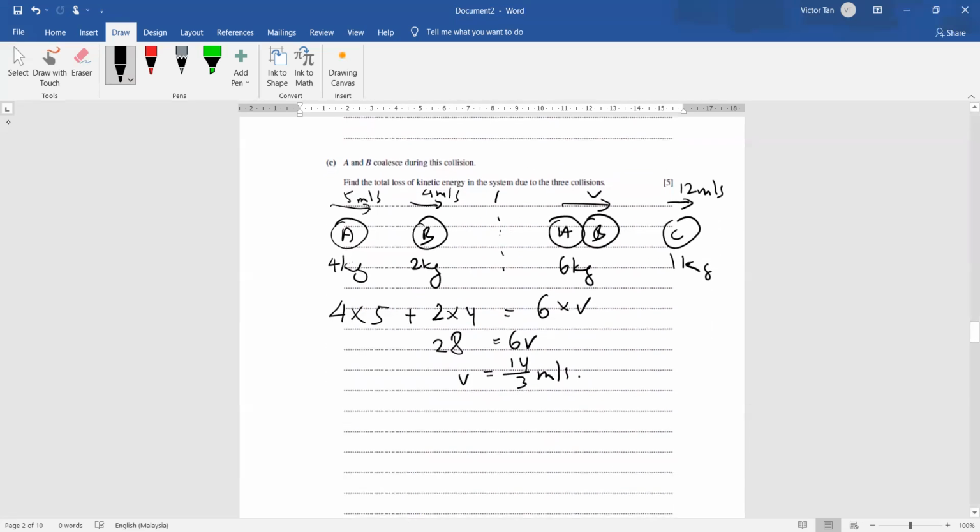So the total loss is the initial kinetic energy minus the final kinetic energy.